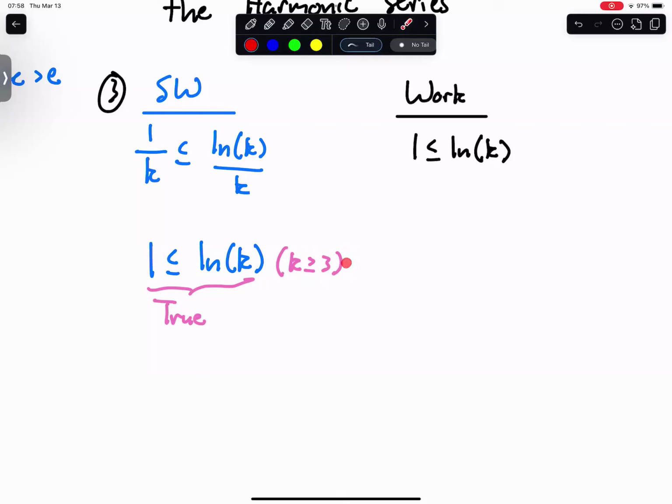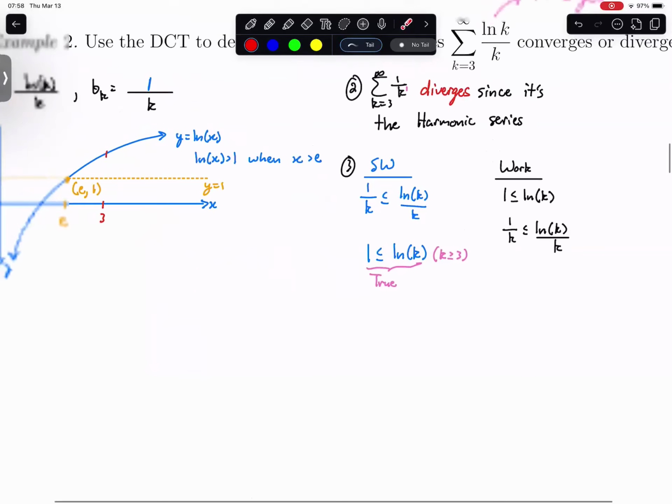Now, if this is true, that must mean if I divide both sides by positive k, that must also be true. So I have my desired inequality: the terms of the series I'm comparing with are always smaller than the terms of the series that I'm given.